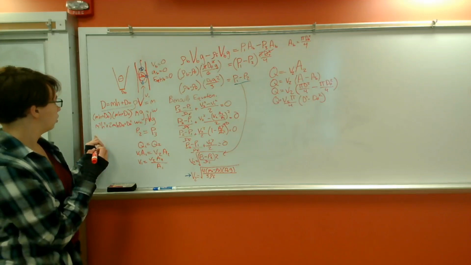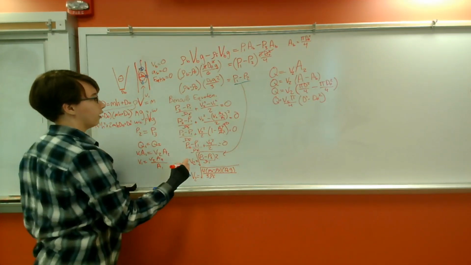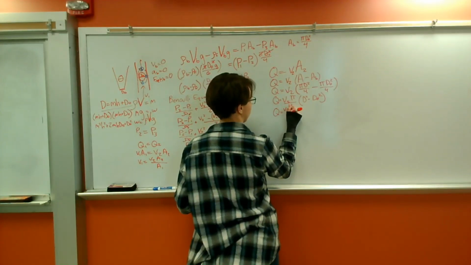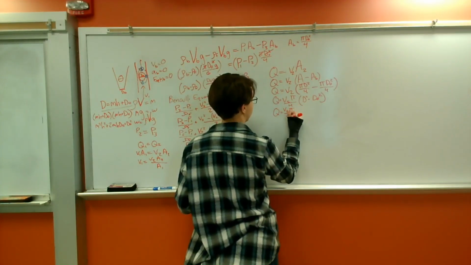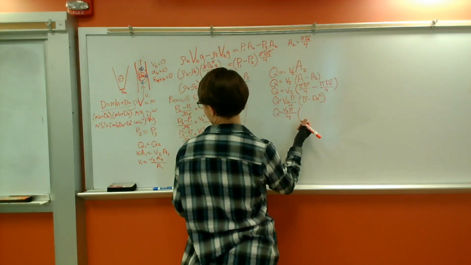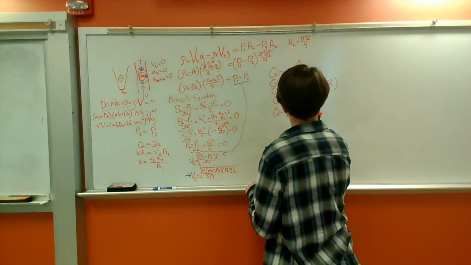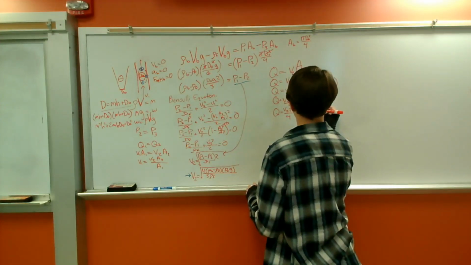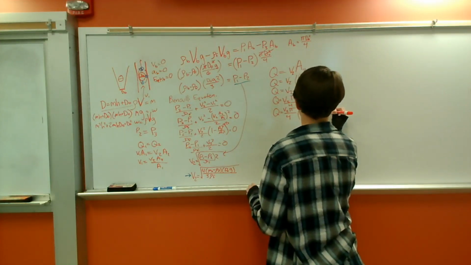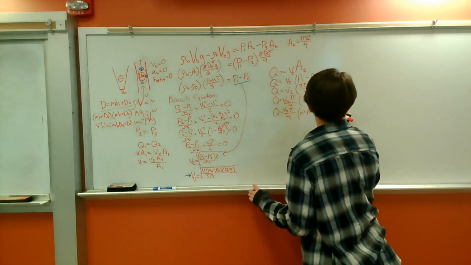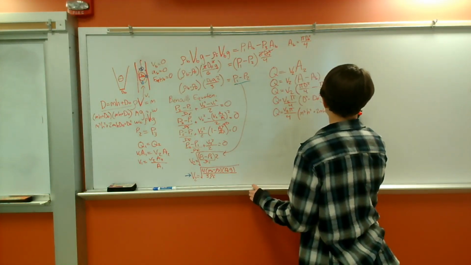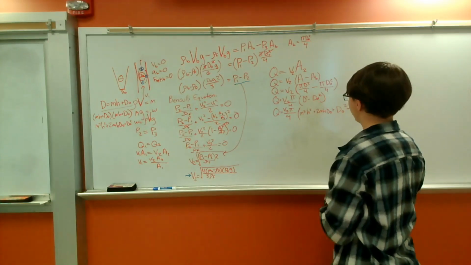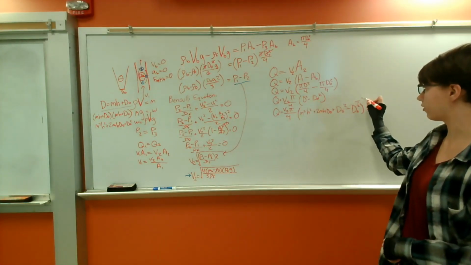Yeah. So then we can plug that into there. And we've got that the flow rate is going to be velocity at 2 times pi over 4 times m squared times height squared plus 2 mh d naught plus d naught squared minus d naught squared. Okay. And so then obviously those cancel out.